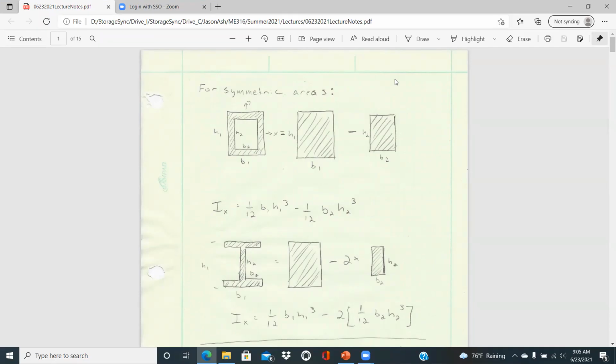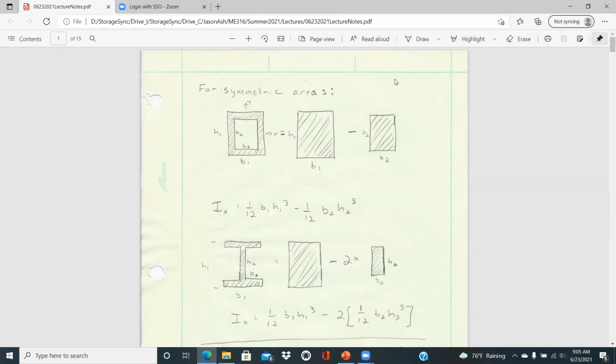For a rectangular beam, we derived that the area moment of inertia is equal to base times height cubed divided by 12. And then we can just use that algebraic expression as we move forward with rectangular beams.